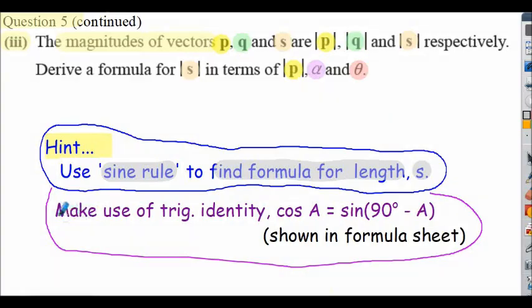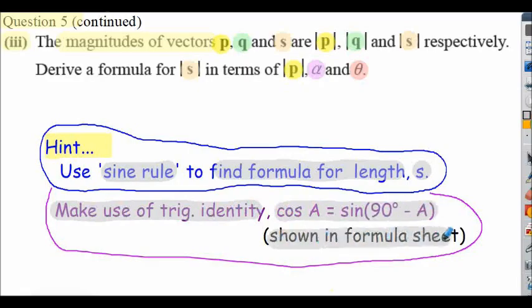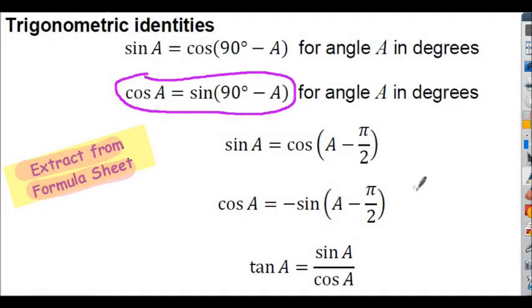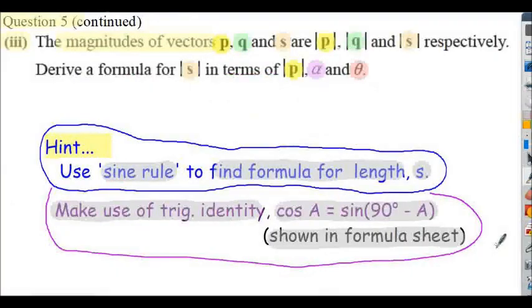And to derive the final formula, we will also have to make use of the trig identity stated here that can be extracted from our formula sheet. Here's the extract from the formula sheet showing the trig identity we need to use. I would encourage you to stop the presentation and attempt question 5 part 3, but the full worked solution is shown on the following slide.